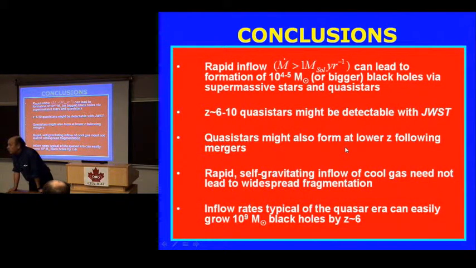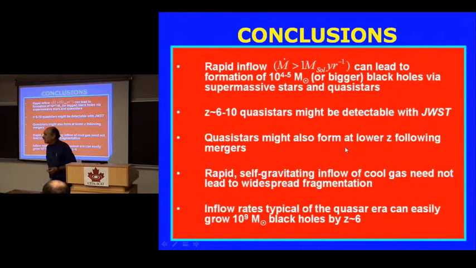And I've been thinking of ways you might identify these with JWST, and so one way to do it might be to identify early clusters, proto-clusters of galaxies, and then look for these very red objects embedded in them. And hopefully there will be some kind of absorption lines which you can use to get redshifts. So the quasistars are only very short-lived, a couple of million years.